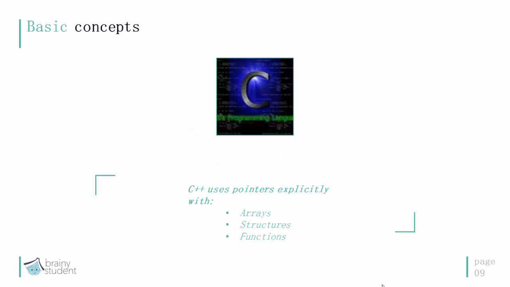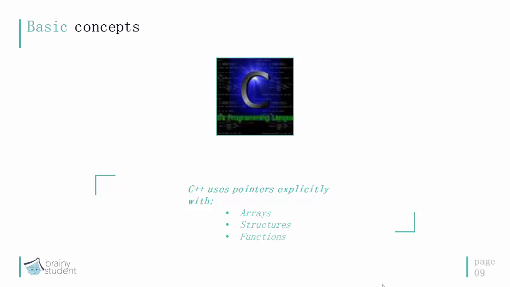Basic concepts about pointers. C++ uses pointers explicitly with arrays, structures, and functions. We know that these three are the major portions of C and C++. Structures and arrays are collections of many data types.